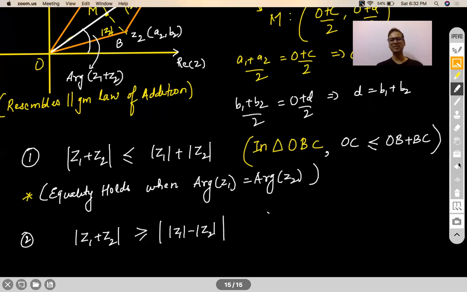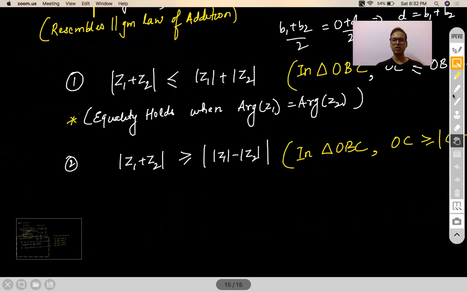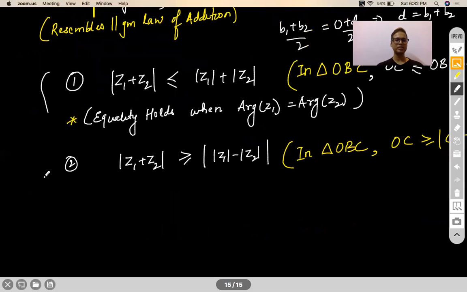So in triangle OBC, the third side will always be greater than the difference of the other two sides. Because both these properties come from triangle properties, they are famously called the triangle inequalities.